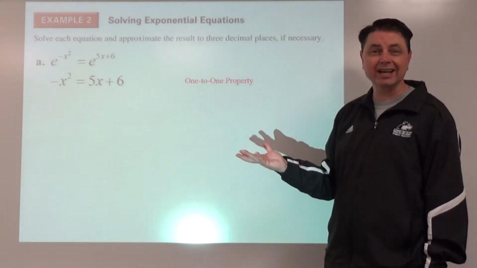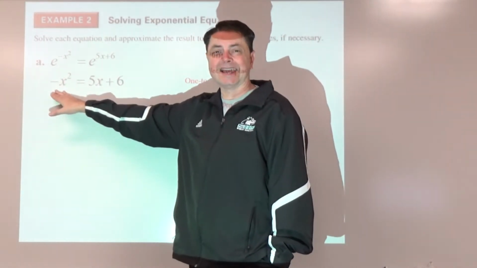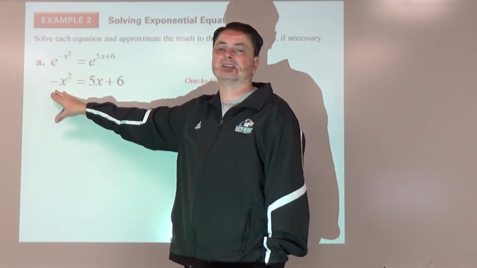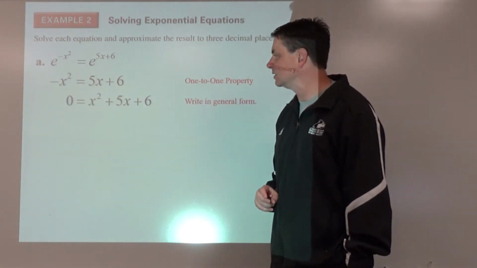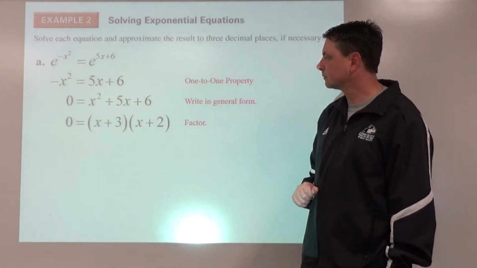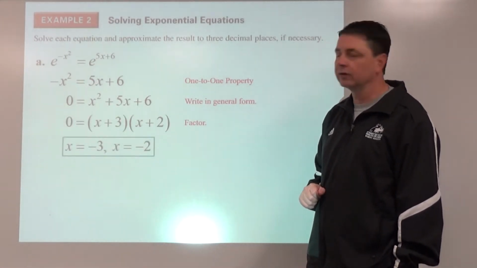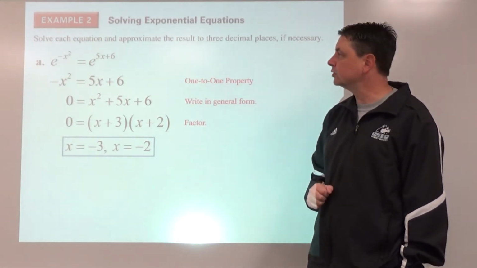Now, as a quadratic equation, let's get it equal to 0. I don't particularly care for the negative x squared. I would like a positive x squared, so I'm going to add x squared to both sides. And that does make the left side 0. We can then factor that. From those factors, we get x equals negative 3, x equals negative 2.